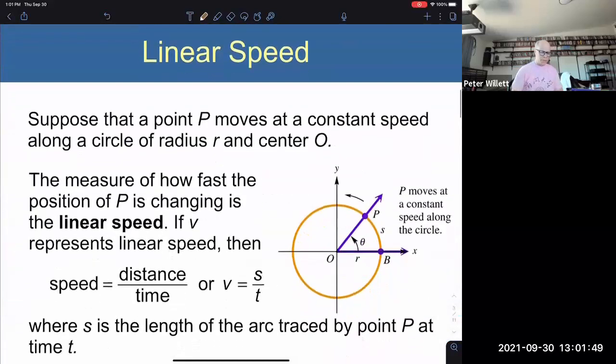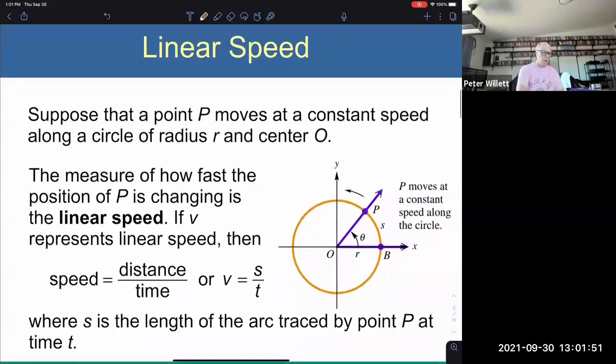So here's the first one, linear speed. Just for me to give the concept, and then we can look at the details and the definition on this slide. Imagine that the circle is a track that you can run around or drive around, a car track or a track and field track.